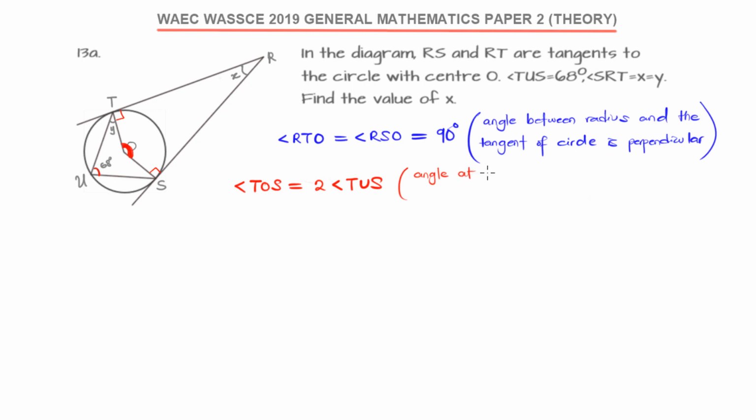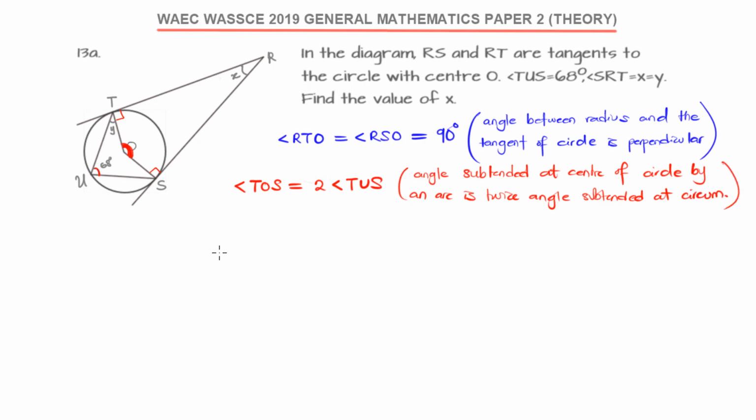Because another circle theorem that can help us is that the angle subtended at the center of the circle is twice the angle subtended at the circumference by the same arc. So if we look at these 2 theorems, we will see that our question is easily solved.